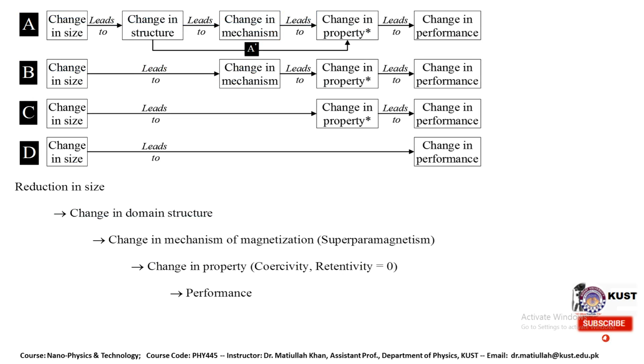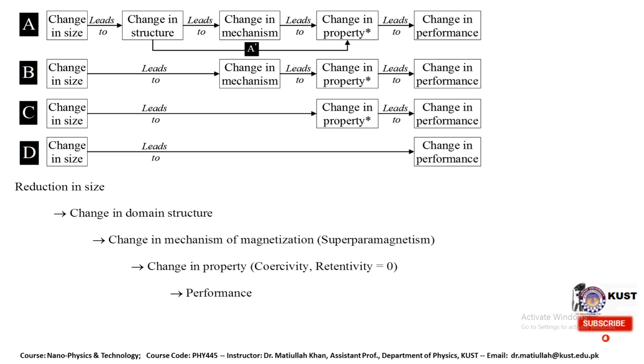This is something regarding how a change in size changes the magnetic property. Here we see that a change in size leads to a change in structure, then a change in mechanism, leading to a change in the property of the material, and finally, when the property of the material is changed, it leads to a change in the performance of the material.